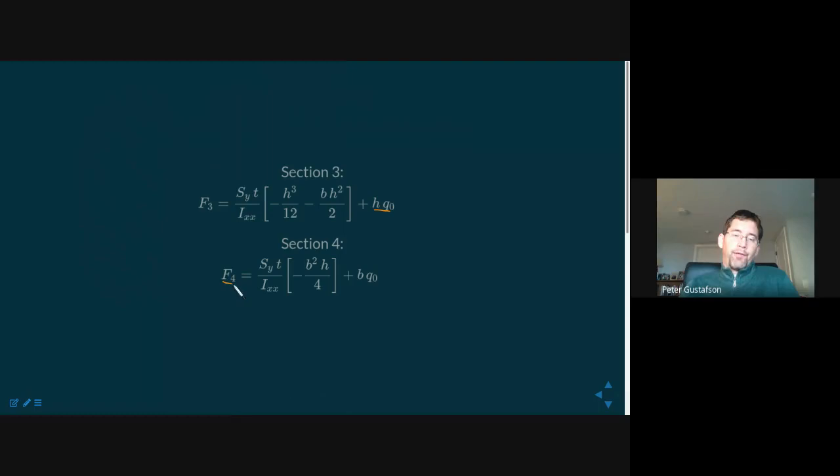Last but not least, F4. S was linear in Q in this segment, becomes second order when we integrate it, so b squared h over 4. And lastly, of course, we have this thing hanging out, Q0, we still don't know.